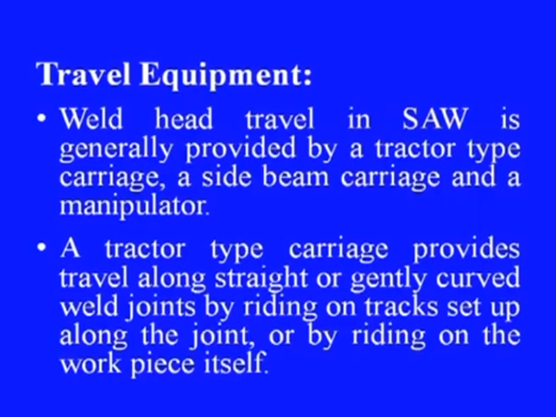Weld head travel in submerged arc welding is generally provided by a tractor type carriage, a side beam carriage and a manipulator. A tractor type carriage provides travel along straight or gently curved weld joints by riding on tracks set up along the joint or by riding on the workpiece itself.